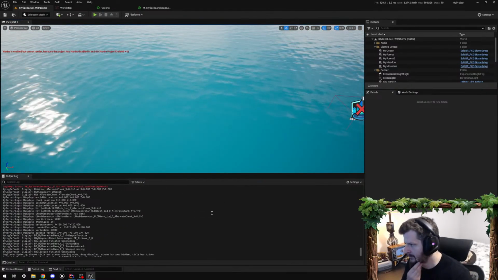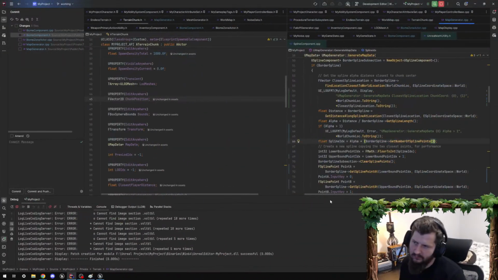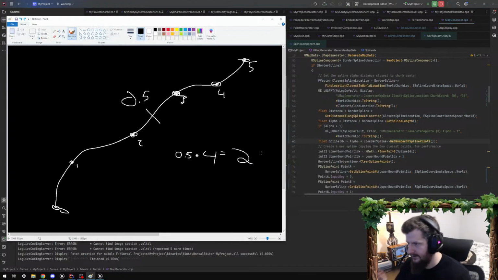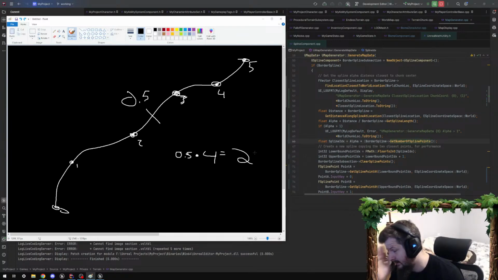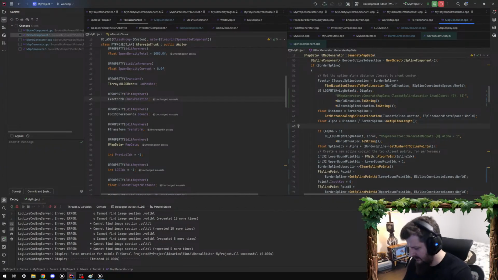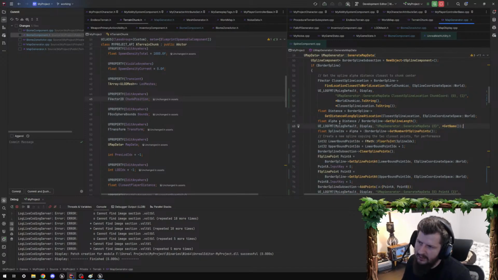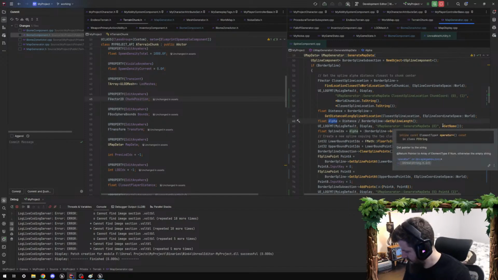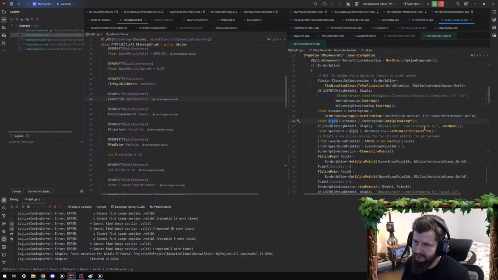So yeah, the way I'm determining, I need to log some more information here. The alpha was never over 1, so the alpha that I'm doing, let me look at this, is actually maybe correct. Let me log the alpha. The alpha is the percentage across the spline.